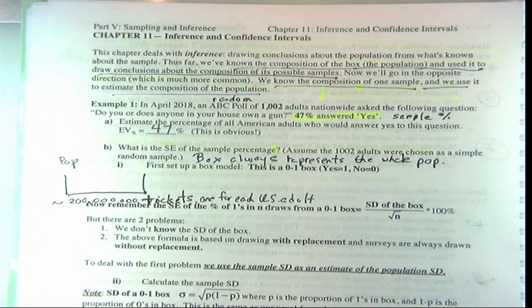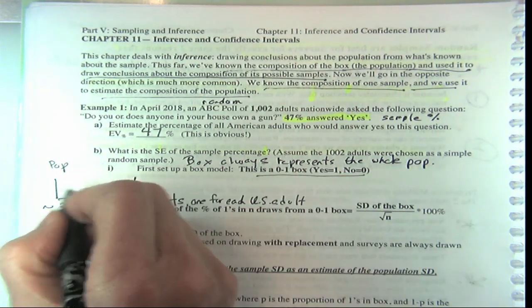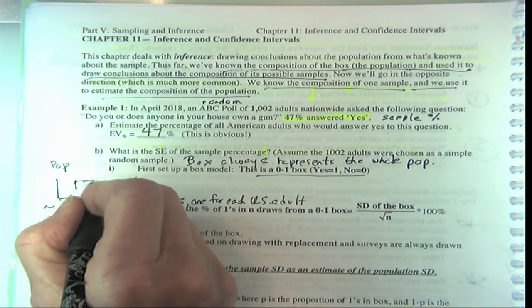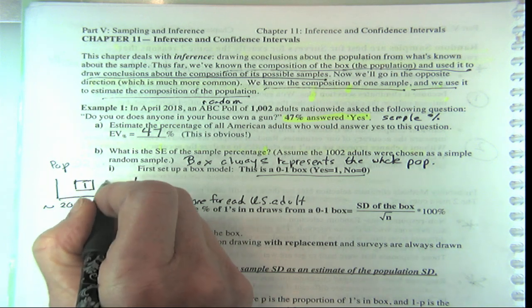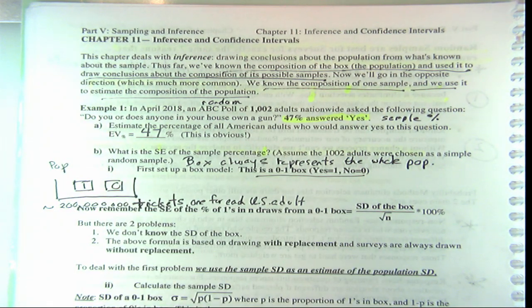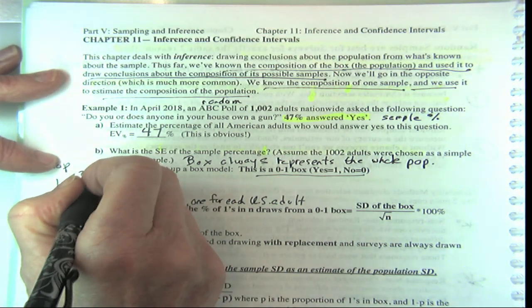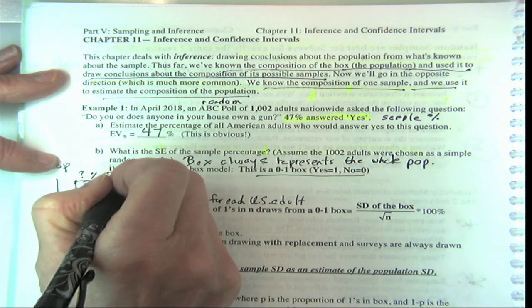Now, what's on those tickets? Well, we're just interested in whether they have a gun or not, whether they said yes or not. So it's just zeros and ones. We have the ones for all the people who said yes, and we have the zeros for all the people who said no, they don't own a gun. Now we don't know these percents. That's what we're estimating from the sample.